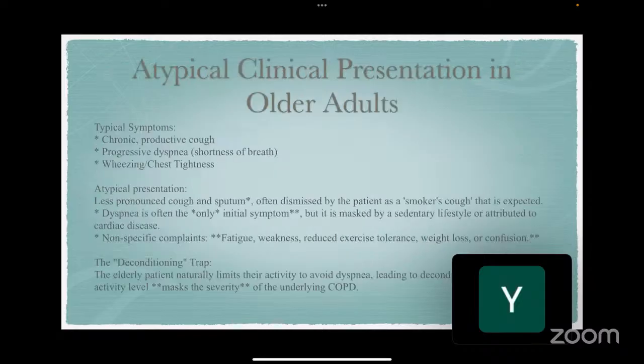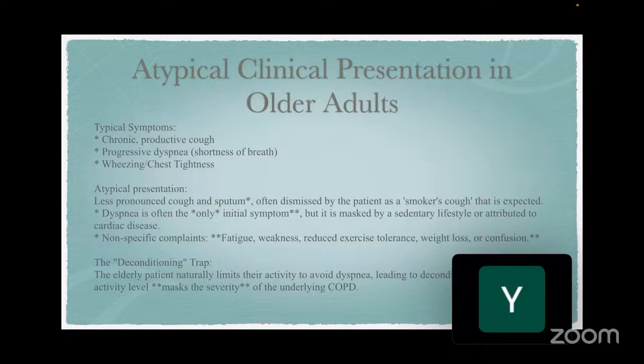Now we will talk about the symptoms of COPD. The typical symptoms of COPD are chronic productive cough, progressive dyspnea or shortness of breath, wheezing, and chest tightness. But seniors or the geriatric population may not present with a significant cough or sputum.